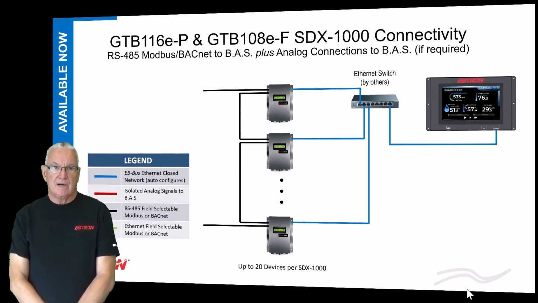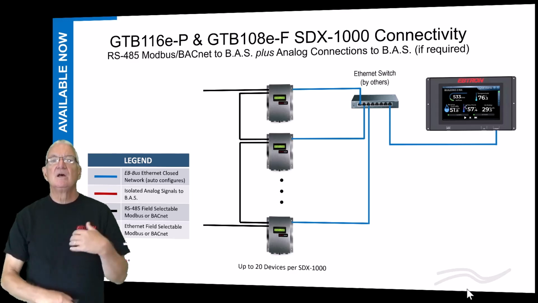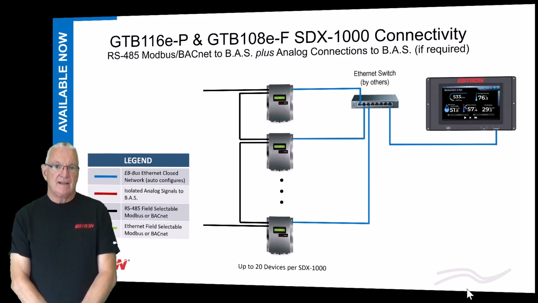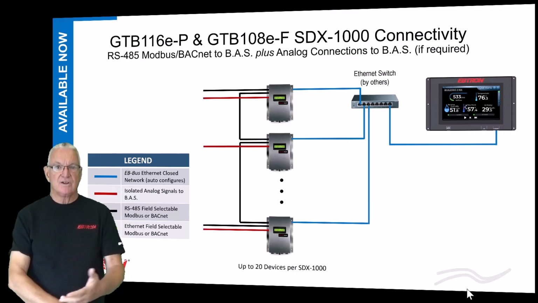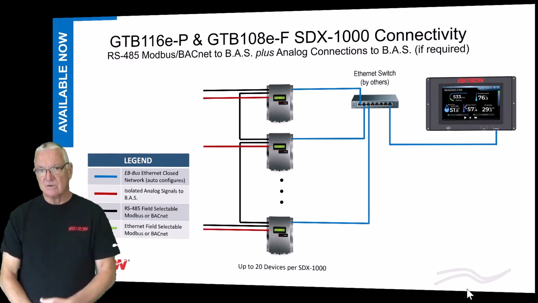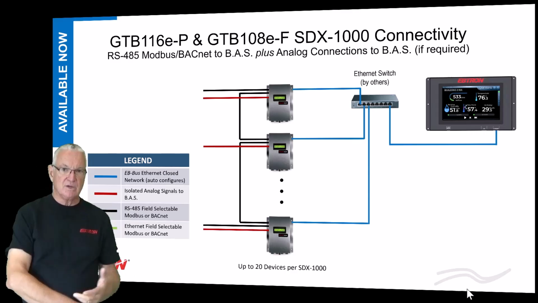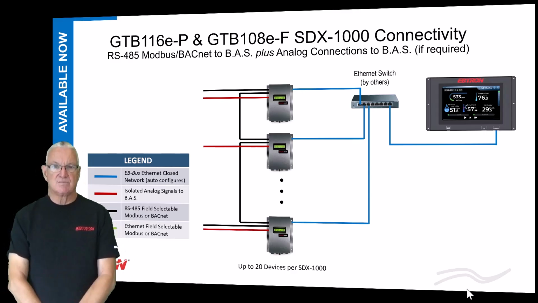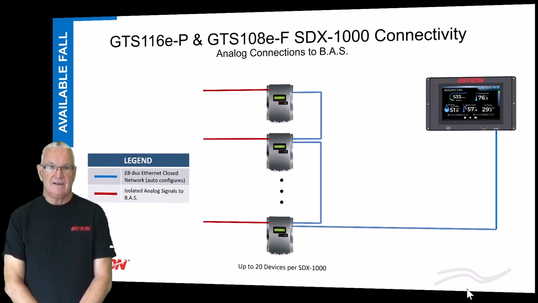That same model number can also have the RS-485 card added to it. Now you have RS-485 connection, and once you've added the RS-485 card, you also still have the analog output. So you're connecting to your building automation system like you always did. This is just connecting to the display using Cat 5.